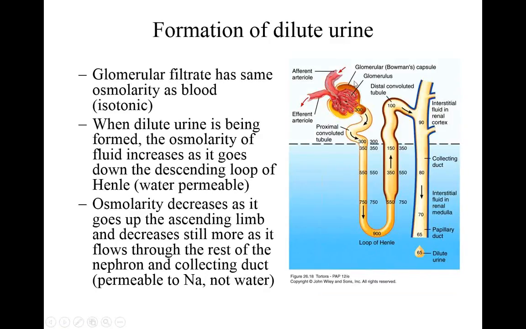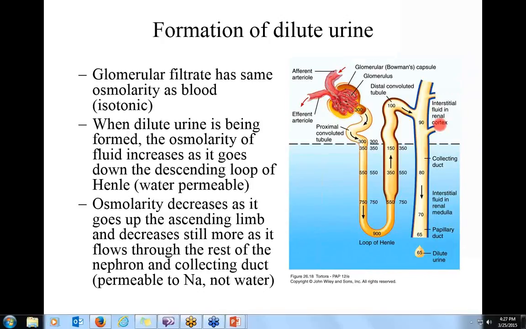And here in the juxtamedullary nephrons, what the slide is showing you is how dilute urine is made. Dilute urine is very watery urine. Okay, so we're in the nephron.